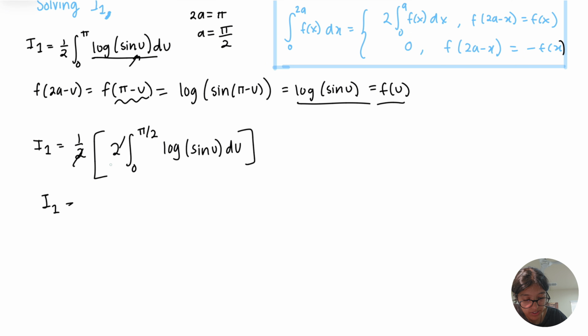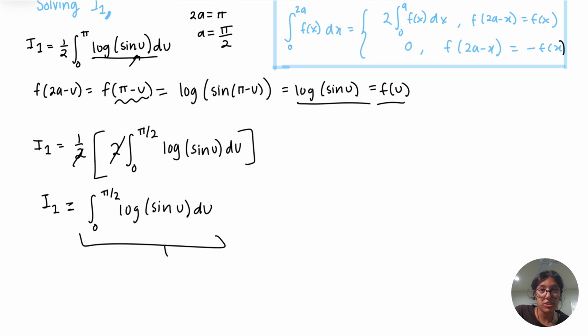Simplifying, this 2 and this 2 get canceled. We're just left with I1 equal to the integral from 0 to pi over 2 of log of sine u. And what do you know? This was actually our original problem. So I1 is equal to just I.